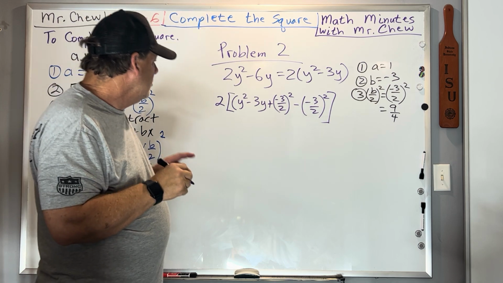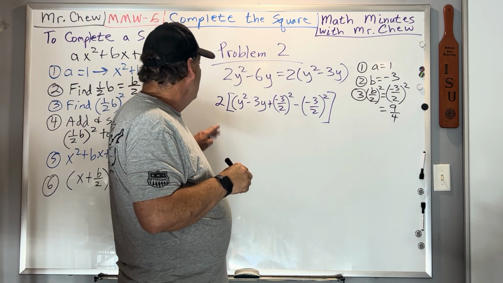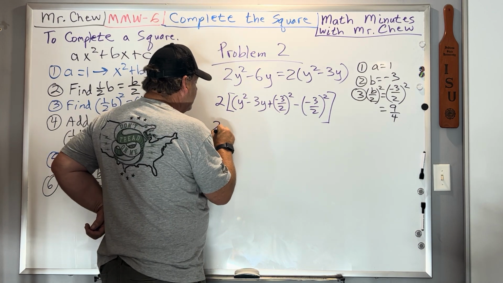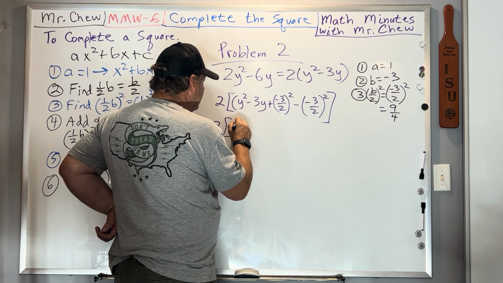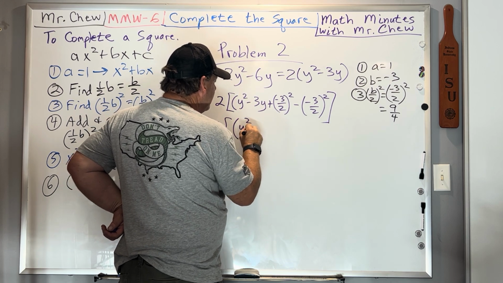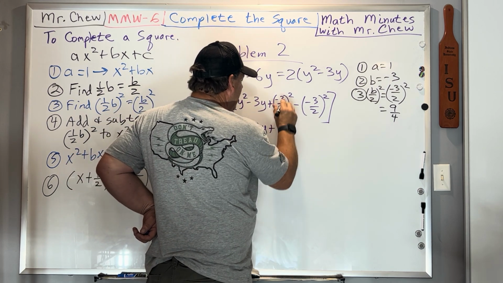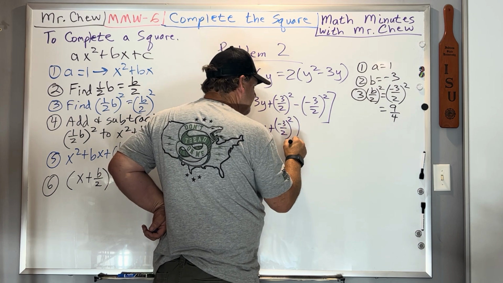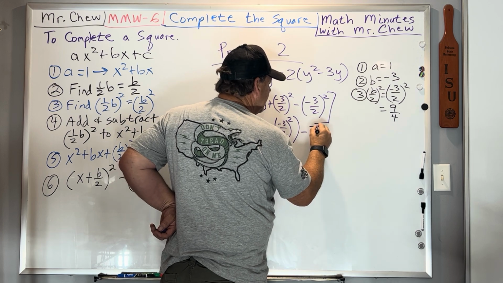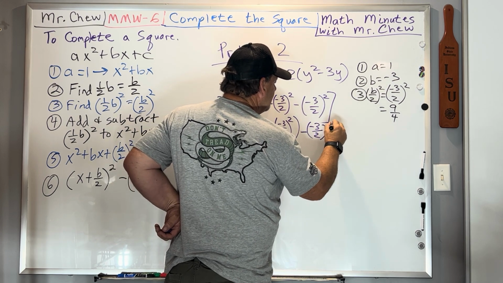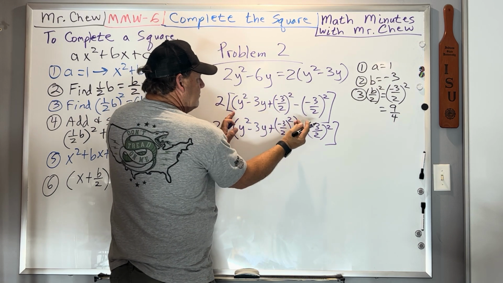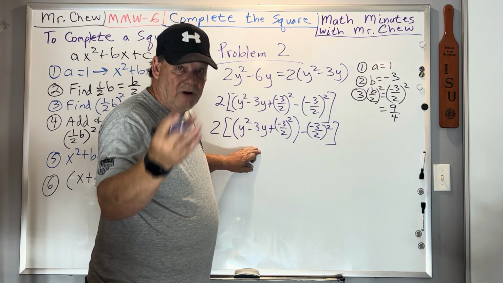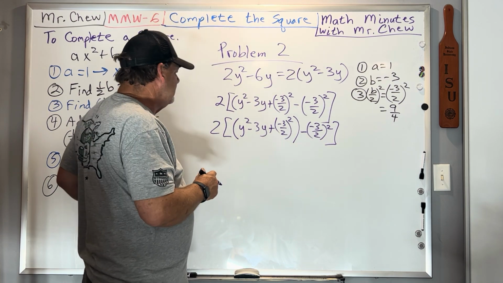Okay? All right. Now, what am I going to do? I am going to break this down. I rewrote it. My next step was to rewrite this so that I have y squared minus 3y plus -3/2 squared minus the -3/2 squared. All I did was now group these first 3 together so that I have my terms that I'm going to unsquare or complete the square on.